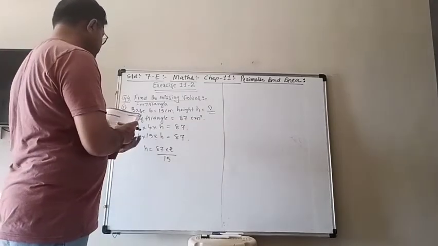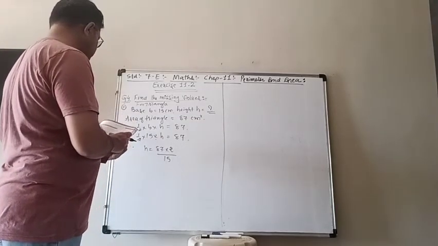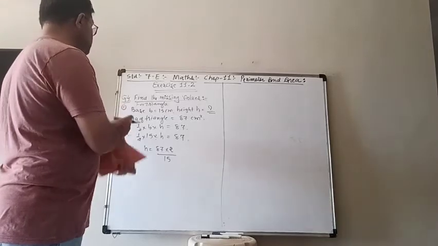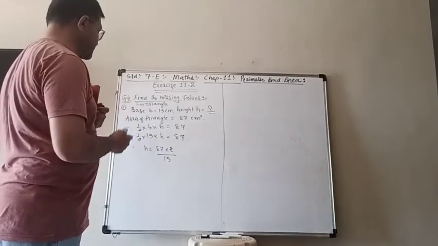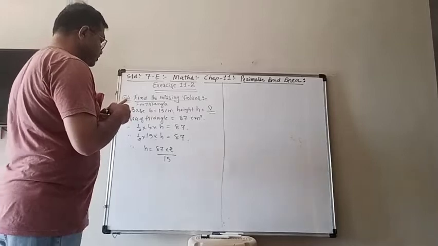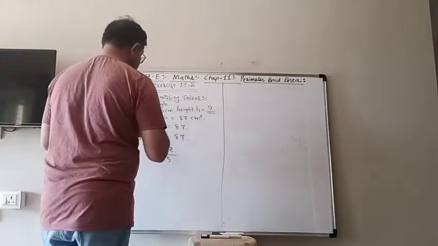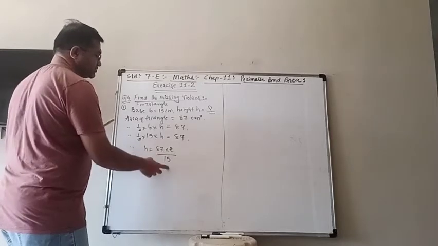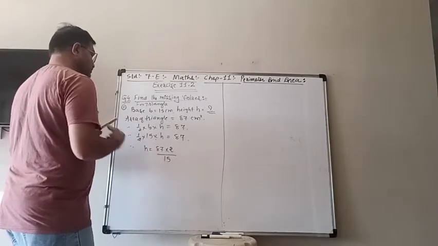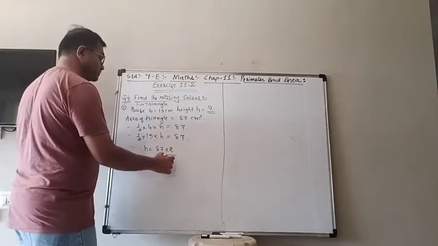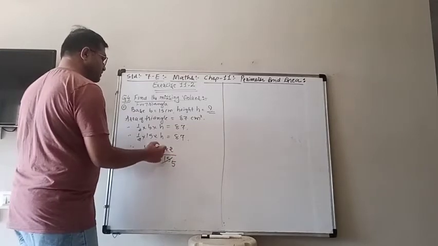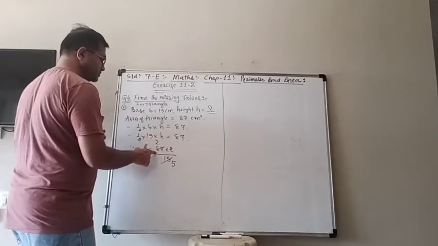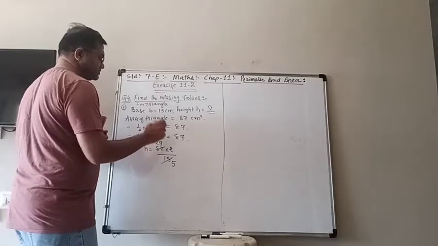So 1 by 2 into 15 into H. Here we can do the multiplication and then division, because we can do the first cancellation. 5 3s are 15, 3 2s are 6, 3 9s are 27.